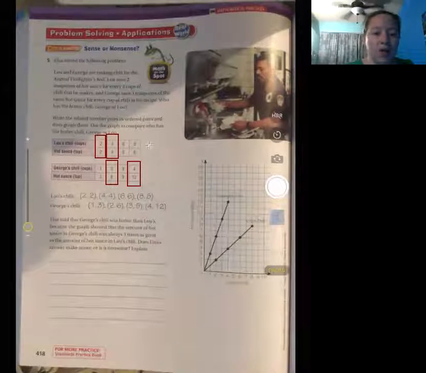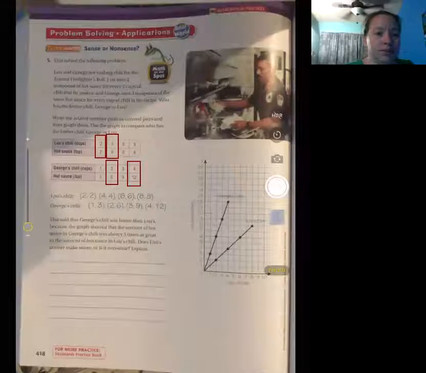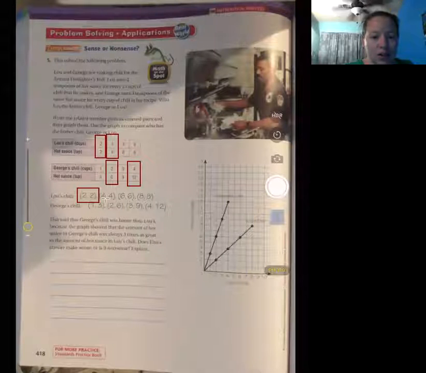So when we have 2 cups of chili, Lou has 2 teaspoons of hot sauce. George has 3 teaspoons of hot sauce. When there's 4 cups of chili, Lou has 4 teaspoons of hot sauce.